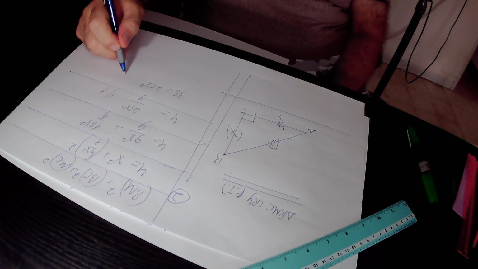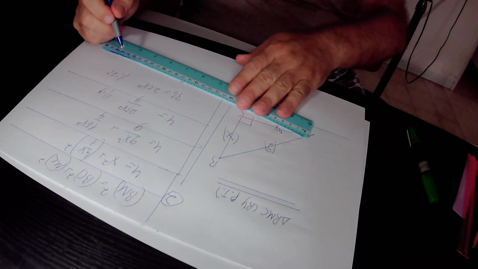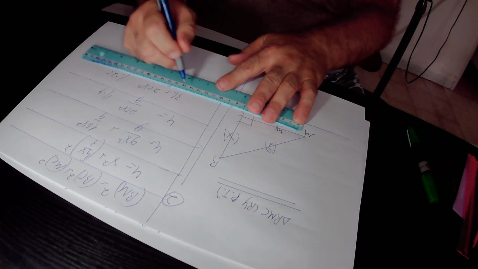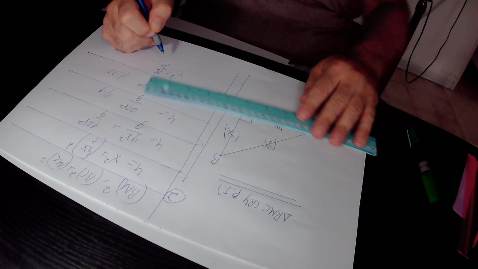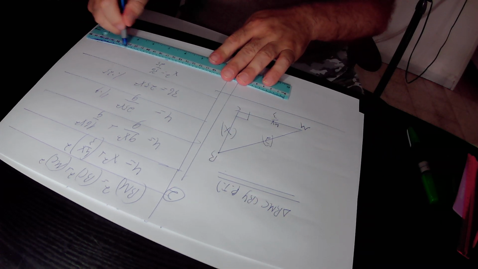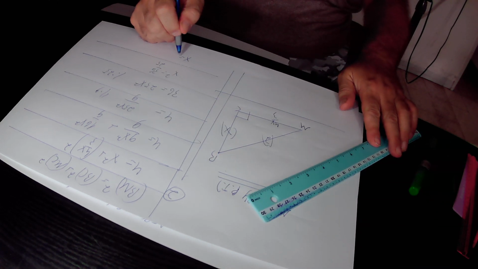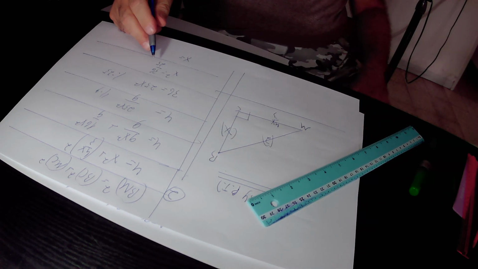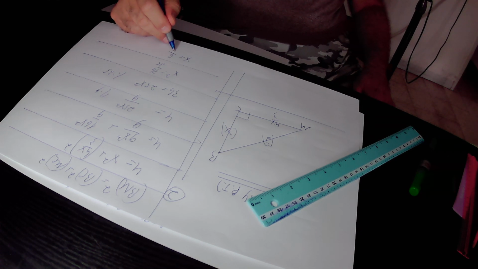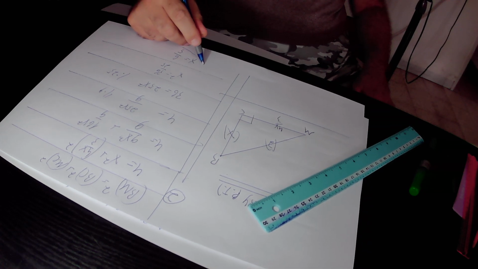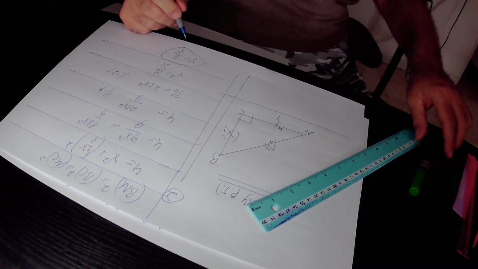Here we divide this equation by 25, and we get that x squared equals 36 over 25. So here we take a root of this equation, and finally we get that x equals the square root of 36 over 25. The square root of 36 is 6, and the square root of 25 is 5. So in total, we have found out that x equals 6 over 5 units in its length.